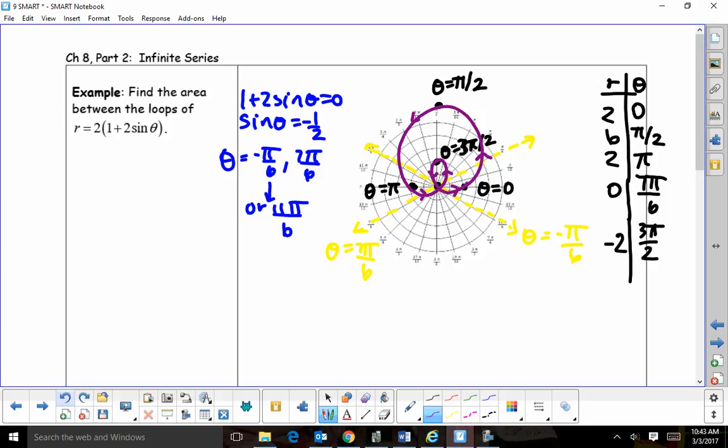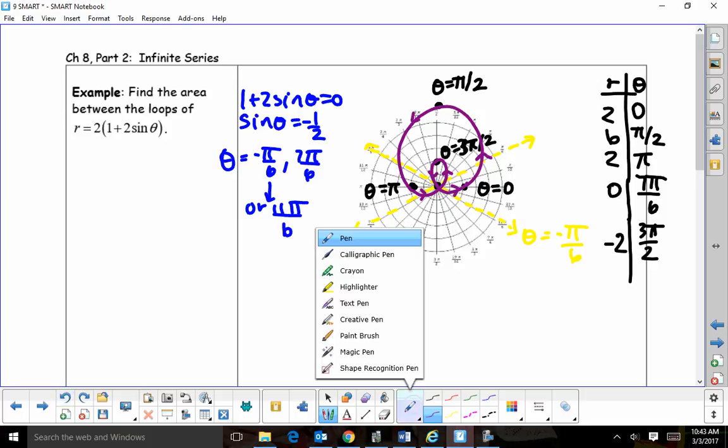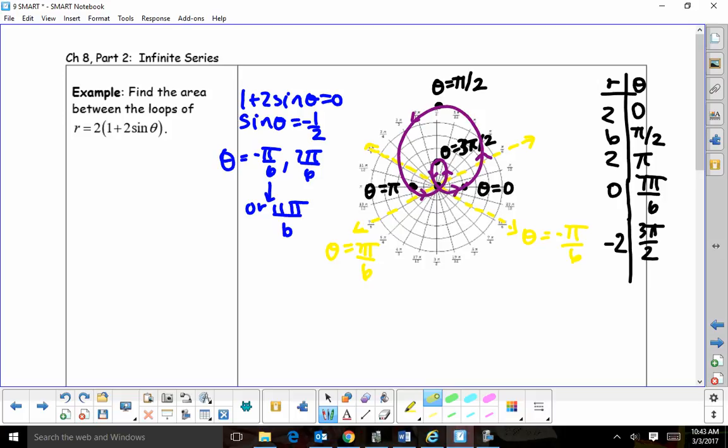Yep. So we have to do this area between the loops. And that is just this part. So we don't include that. So we're going to have to take the big area and then subtract out that little loop.